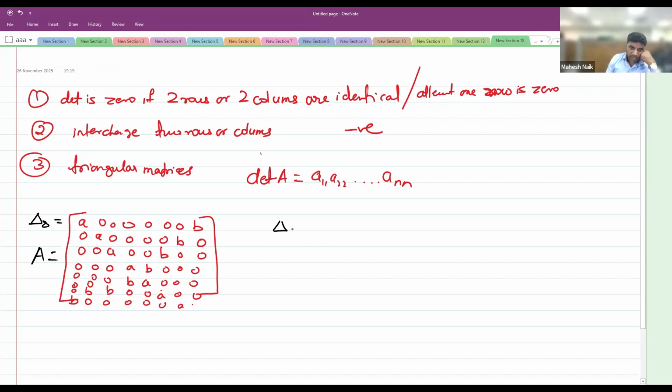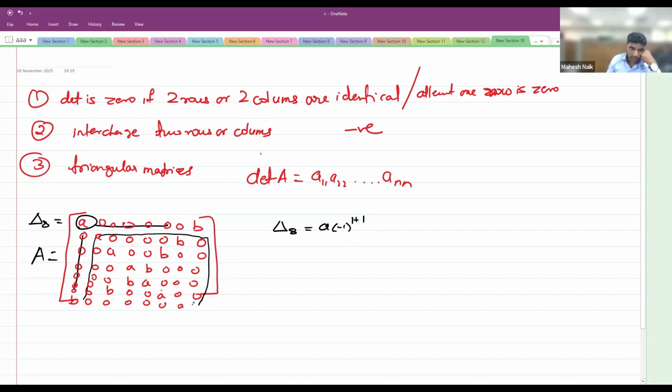Now, if I start expanding delta 8 using the first element, I will be deleting the row and the column. In this case it will be a times minus 1 raised to 1 plus 1, because the element is in the first row, first column. Then I will find the matrix of order 7.